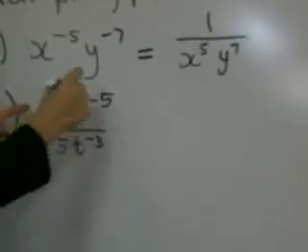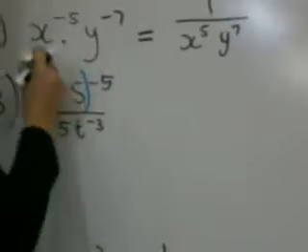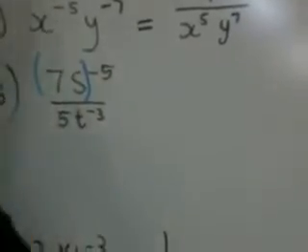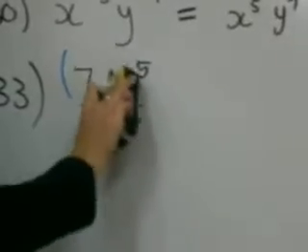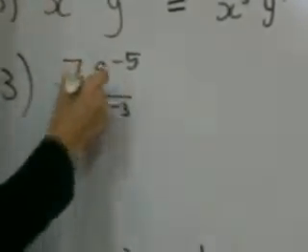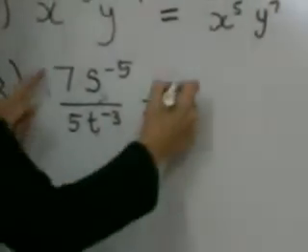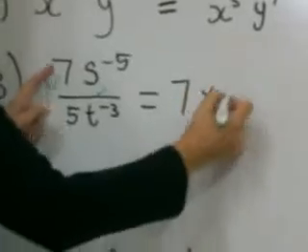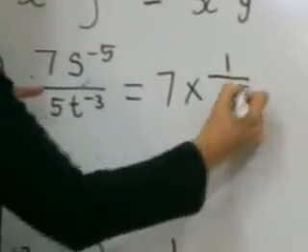If it was for the 7 as well, we would have brackets around it, and then the minus 5 would also have dealt with the 7, but it doesn't. It only deals with the s, because there are no brackets. So I have here 7 times s to the minus 5, which is the same as 7 times 1 over s to the 5.